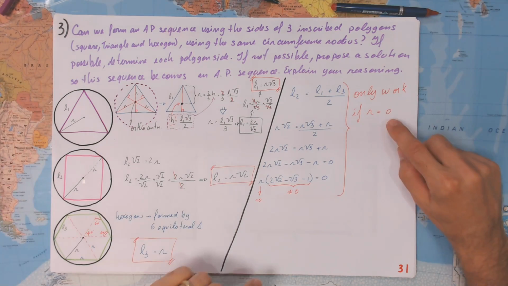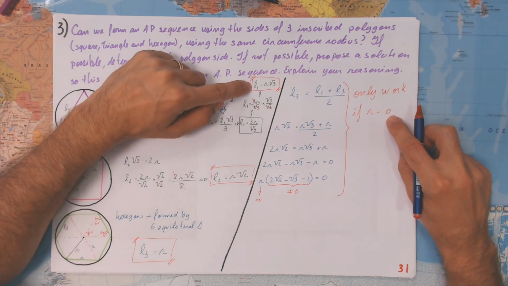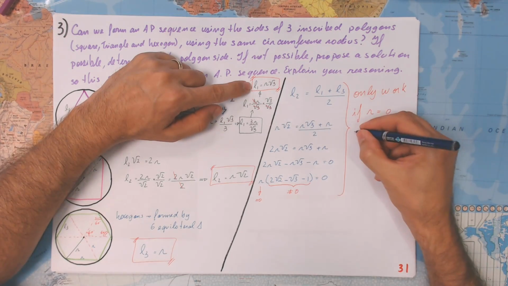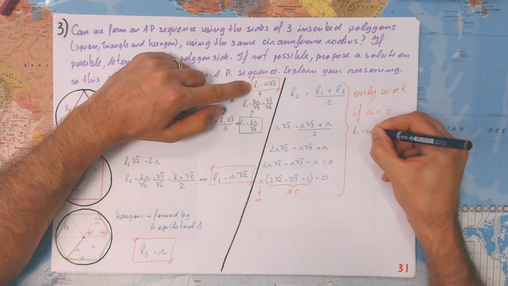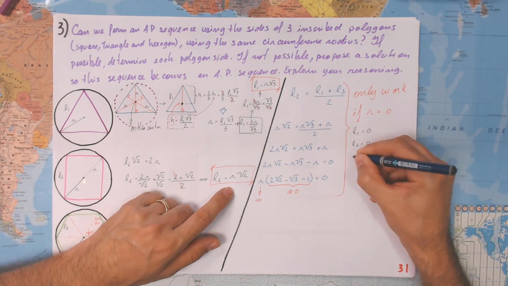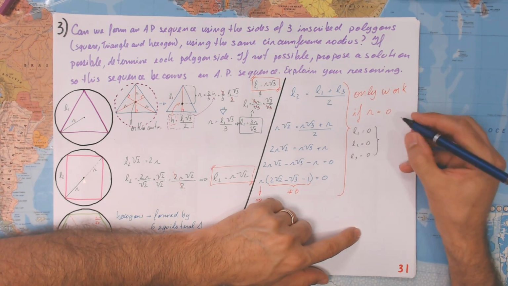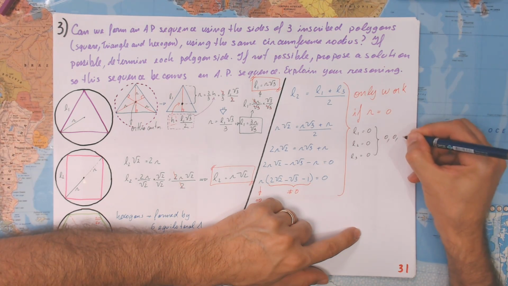Well, if r equals 0, okay, substitute in here. L1 is going to be 0. L2 is going to be 0. And L3 is going to be 0. So our sequence is going to be 0, 0, 0.